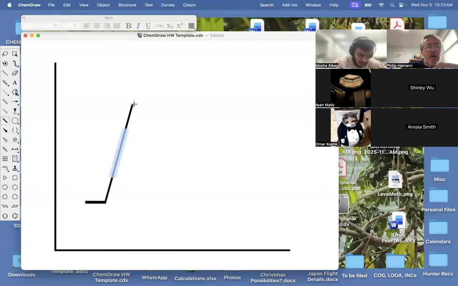Okay, forgive me while I draw a little bit. Then I have to think about it a little bit. I'm actually drawing a chemical structure.